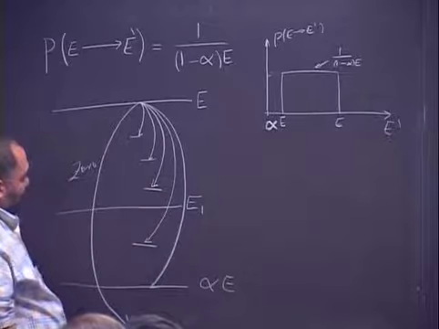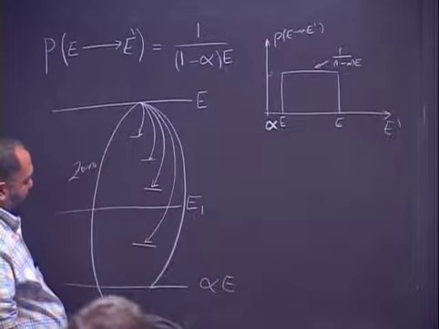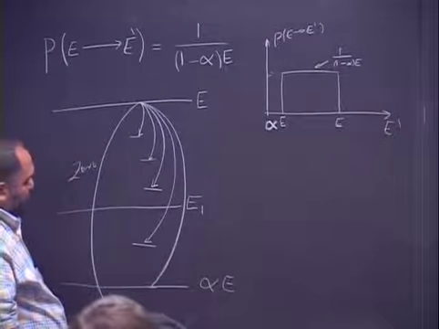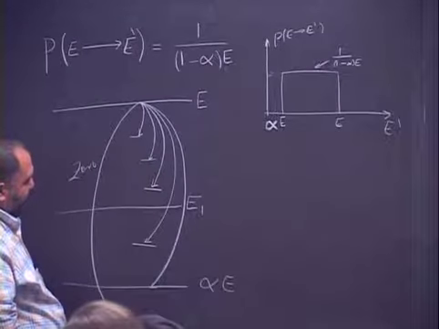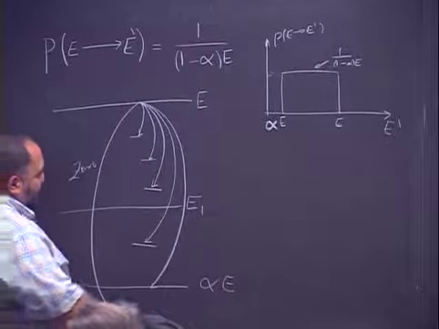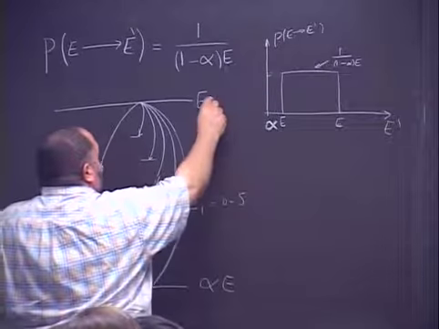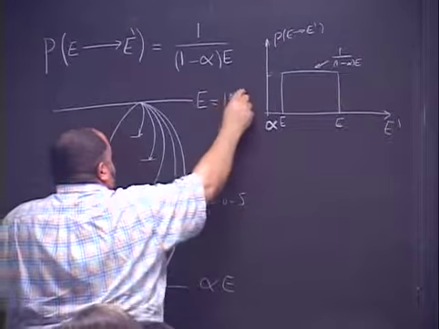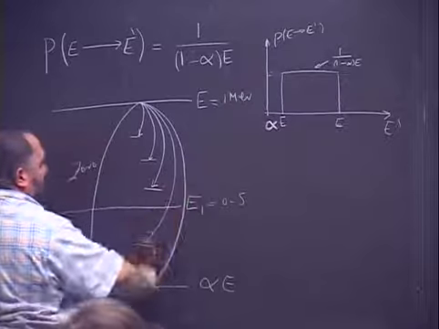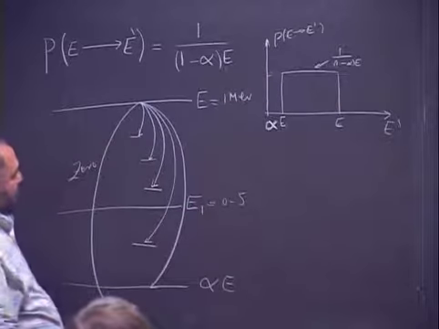So I asked you, what's the fraction of the neutrons that will go below 0.5 MeV? Let's say that E1 is 0.5 MeV and E initial is 1 MeV. So I asked you how many neutrons go below 0.5 MeV.